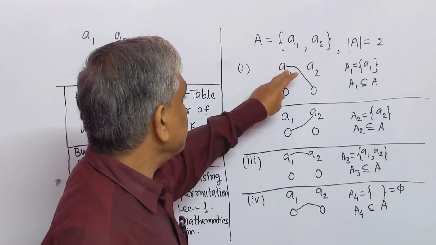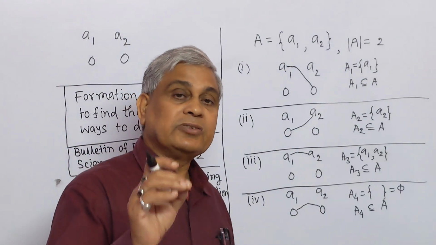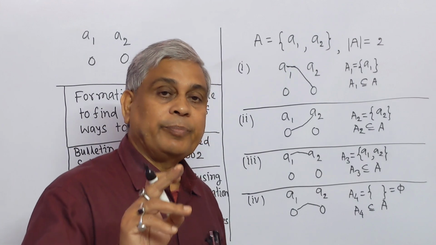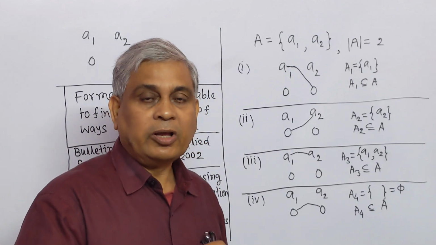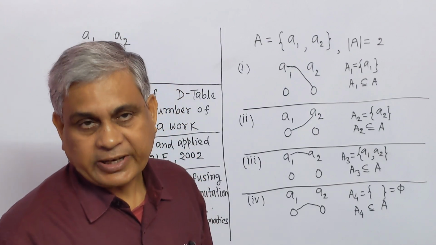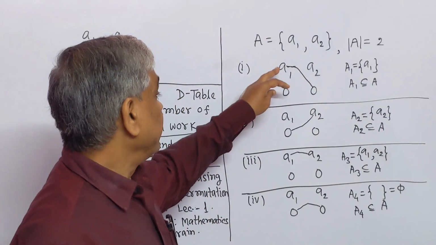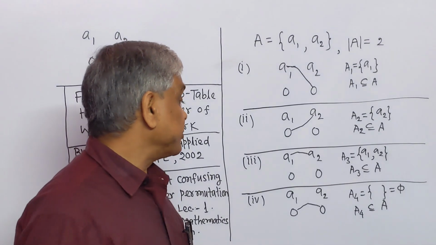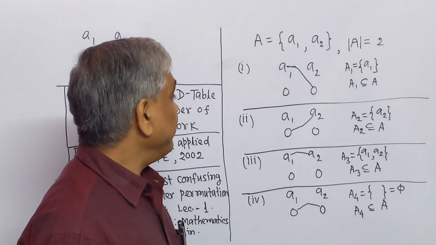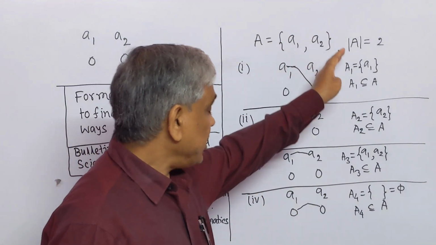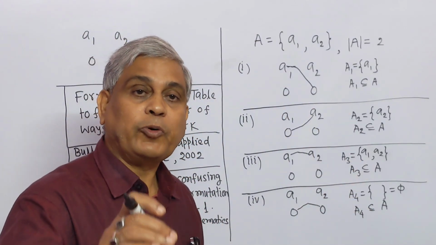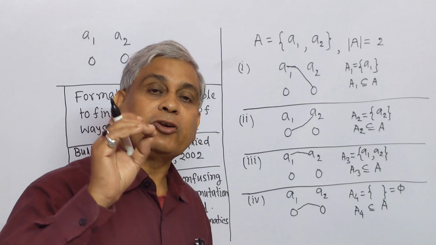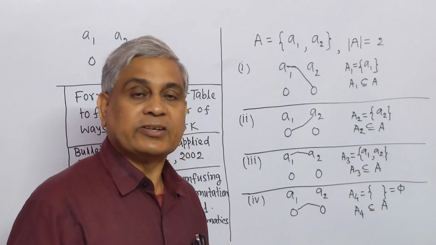Number of possible curves means this curve passes through one element of the first column and one element of the second column, and the number of such curves is 4, and the number of subsets is also 4. Therefore, number of possible curves means number of possible subsets.